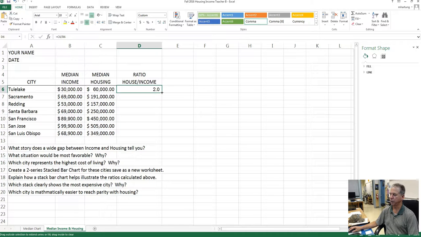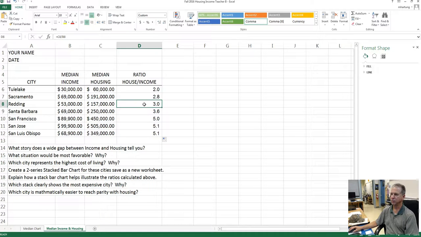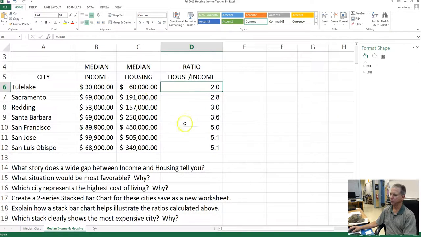So you click and hold that with your left mouse button, drag that down, and it will fill that formula all the way down. And you'll see equals C7 divided by B7, and then the next one will be C8 divided by B8. So it copied that down to make sure that it's copying the housing divided by the income for each of these cities. Zoom that in a little bit for you.